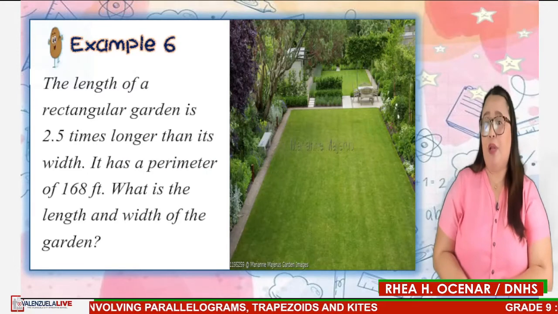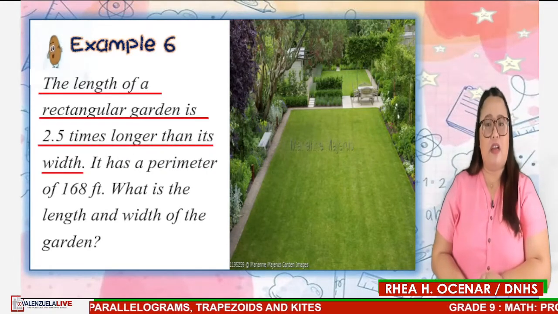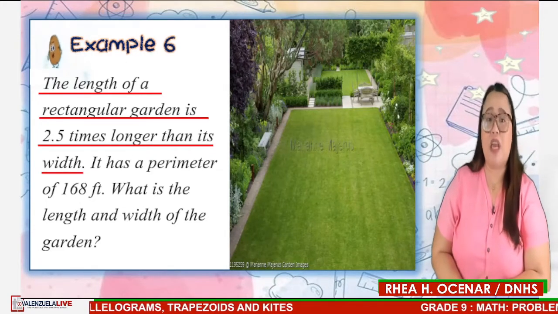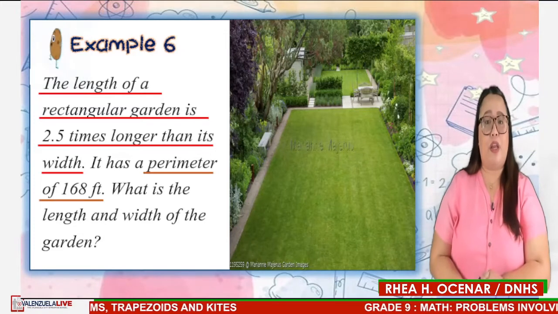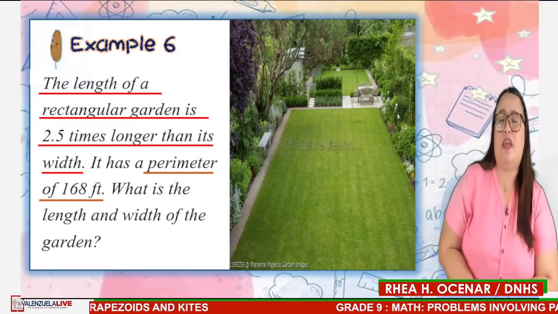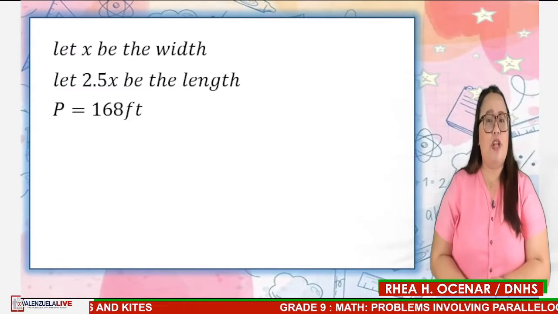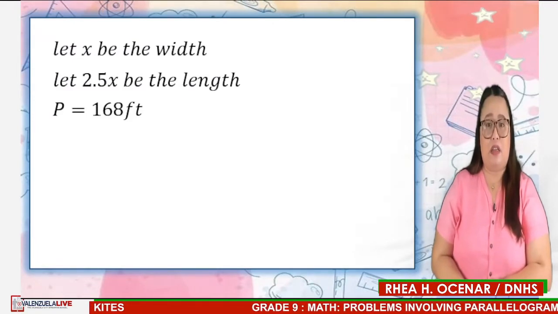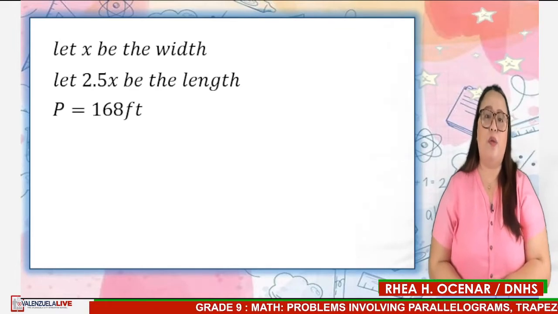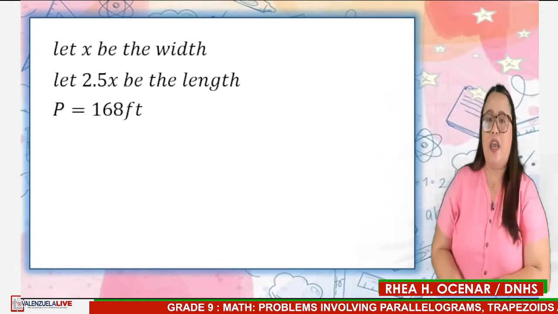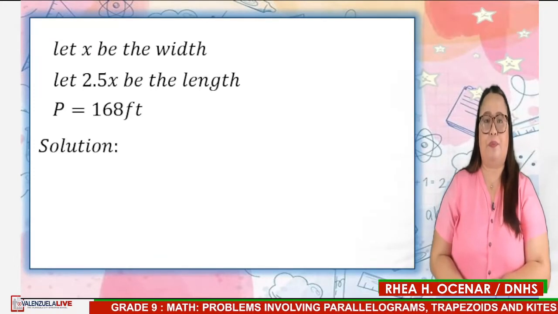Going back to the problem, the length of the rectangular garden is 2.5 times longer than its width, and the perimeter is 168 feet. We will use the formula for the perimeter of a rectangle. Let x be the width and let 2.5x be the length, and the perimeter is 168 feet.